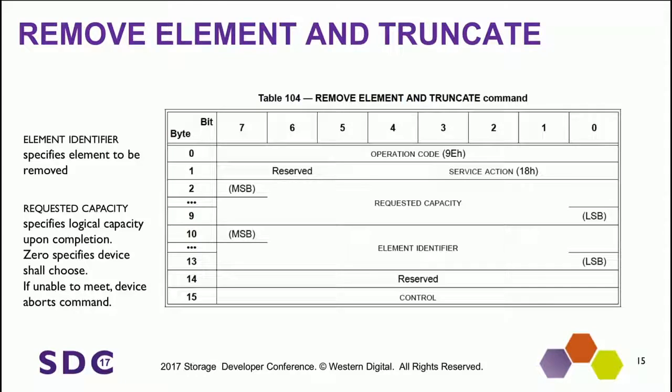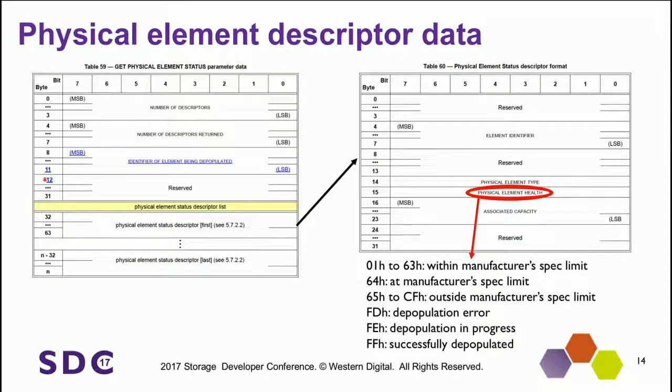Now, a logical question is, well, how does the host know what capacity to request? And to answer that, we go back to our physical element descriptor data, and associated with each element identifier is the associated capacity, and that is the amount of physical capacity reflected into the logical domain that this particular physical element is currently implementing.